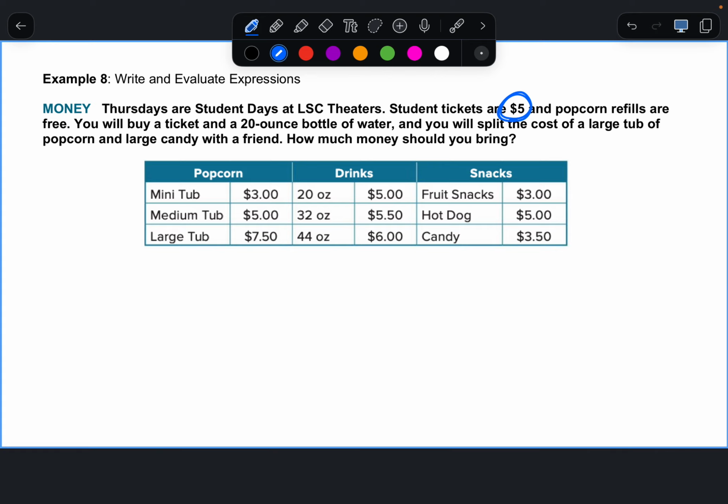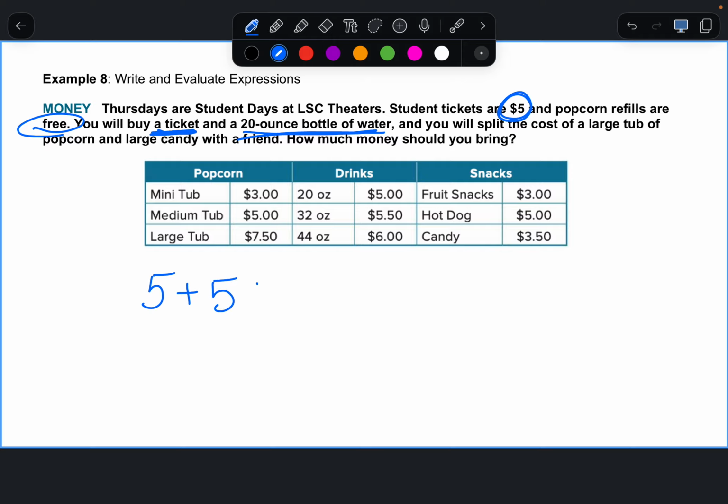We are going to have to split something into 2. So maybe you want to write it like this. What are we adding together? 7.50 and 3.50? Now that seems reasonable. So a large tub of popcorn is 7.50 and candy is 3.50. Okay. So what is 7.50 plus 3.50?